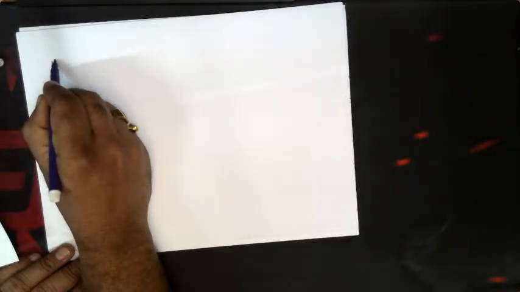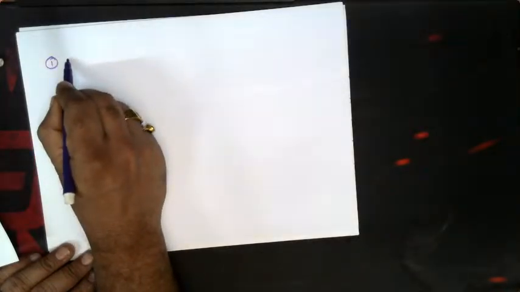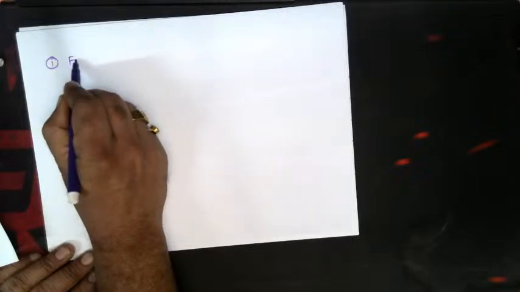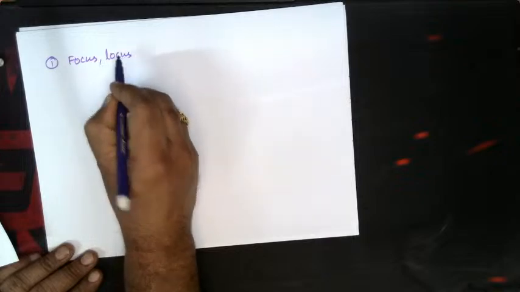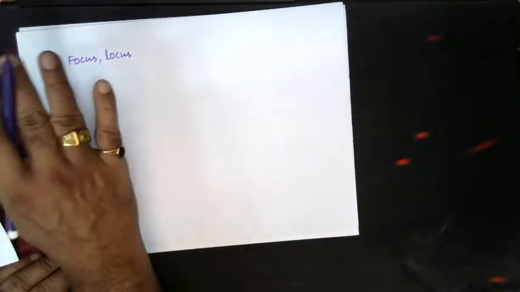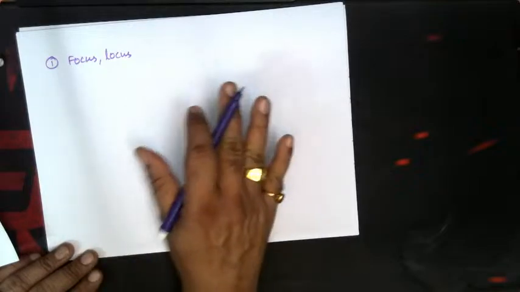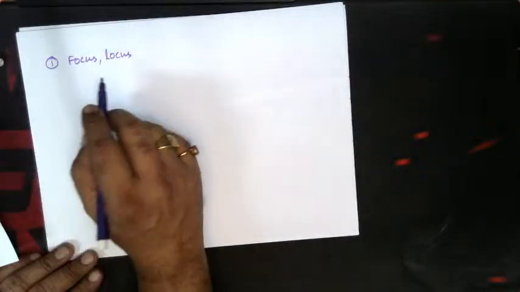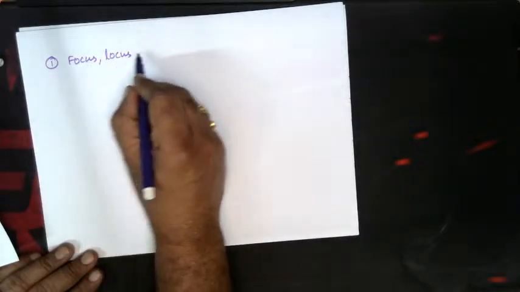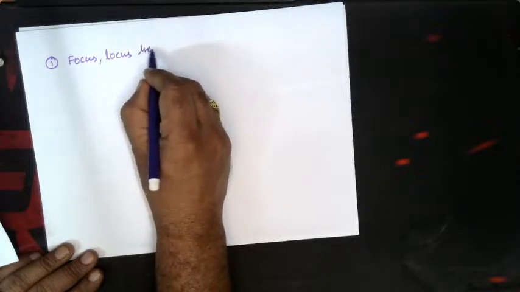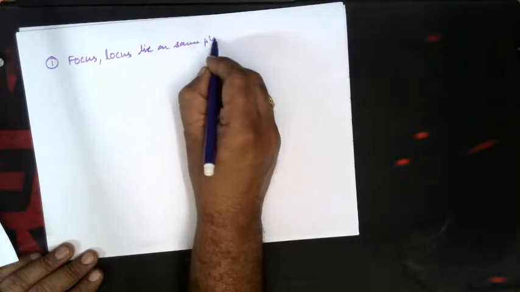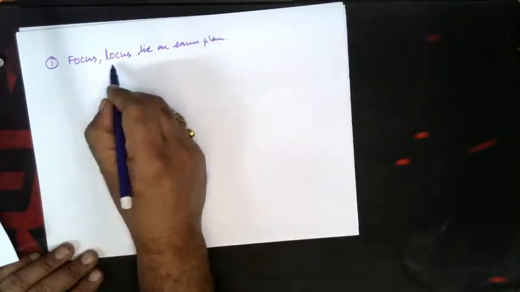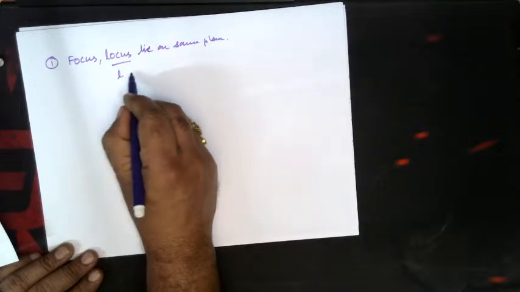So the first point is locus. Since we are talking only about the circle, let me not repeat the circle. Locus lies on the same plane.